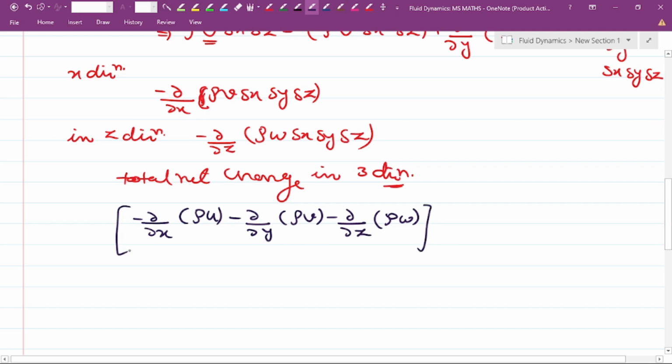We can write it times del x del y del z with the time delta t.